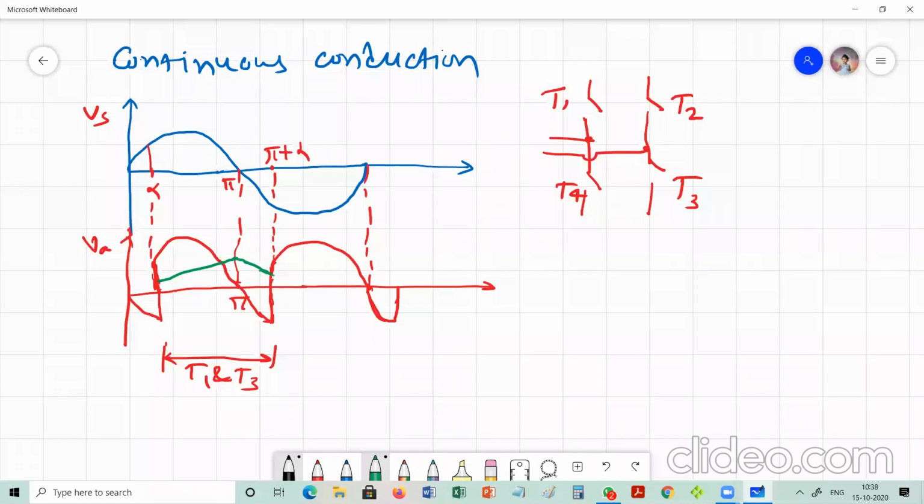Again, when the input voltage appears across the load, the current will increase.